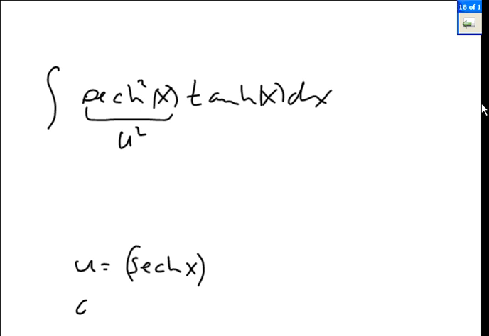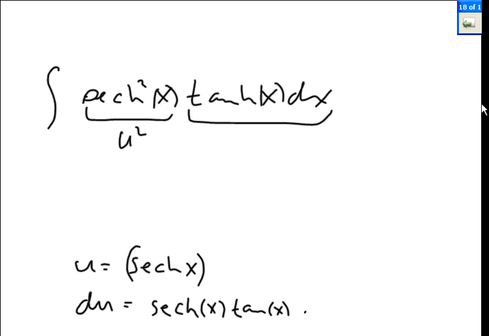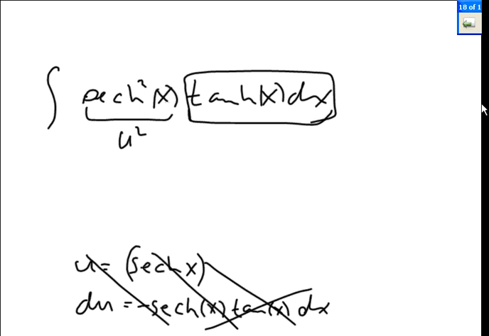The problem is what's left over is not du. The differential of hyperbolic secant of x is hyperbolic secant of x times tangent of x times dx, and there might be a minus in front. I don't remember, but I do know one thing. It's not this. It's not that. So this didn't work.